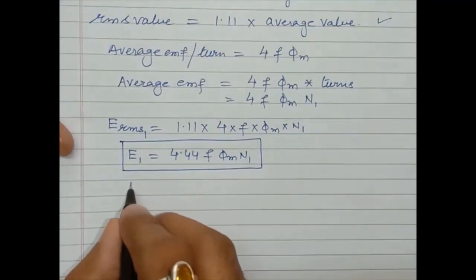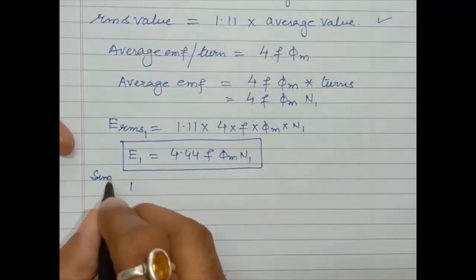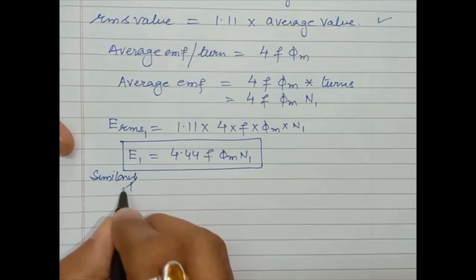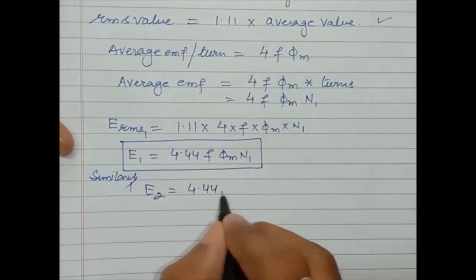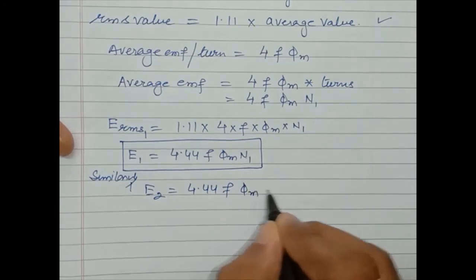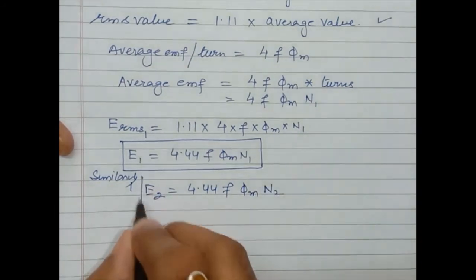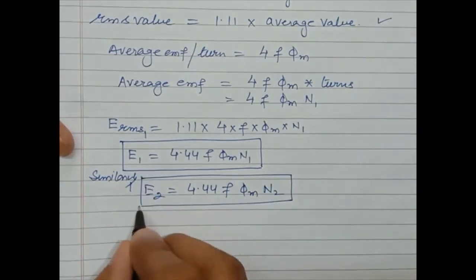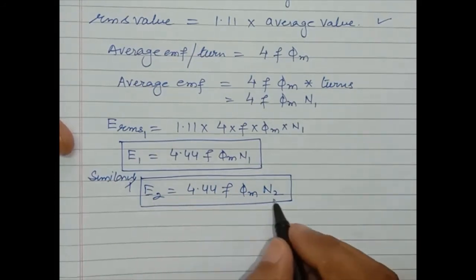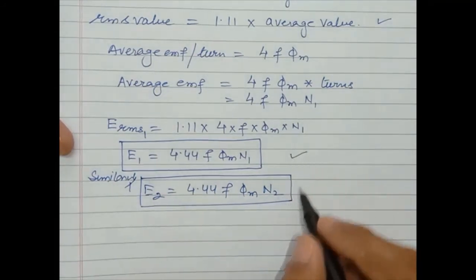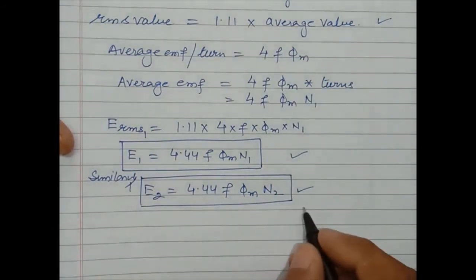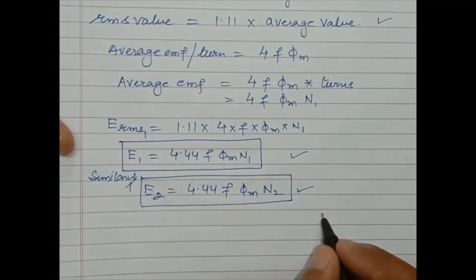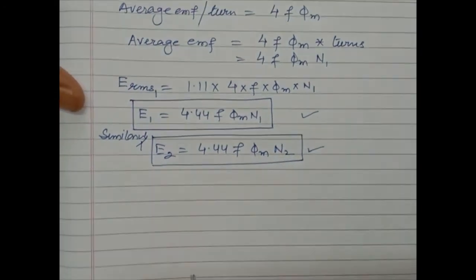Similarly, E2 is equal to 4.44 f phi m n2. So we can write E1 like this and E2 like this. This is basically the EMF equation for a transformer.